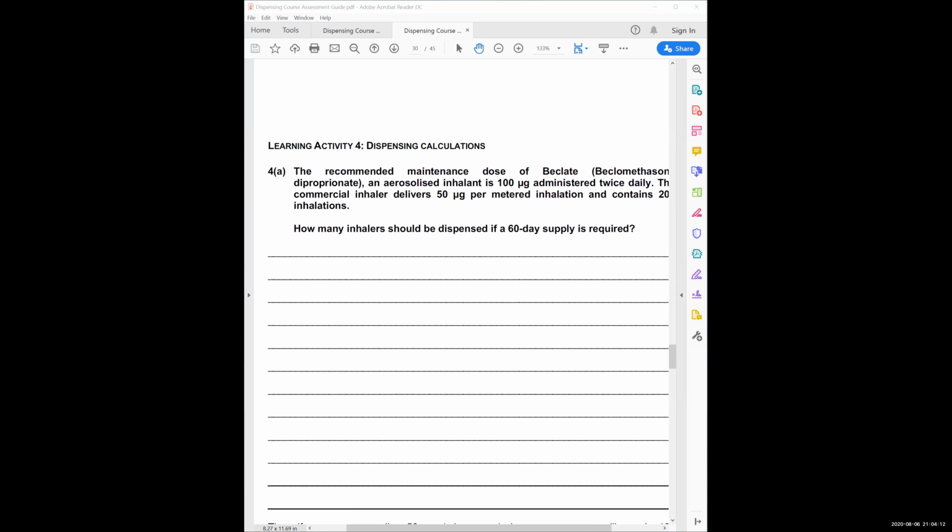Hey, yeah, all right. So coming back to this, learning activity number 4 says the recommended maintenance dose for Betlate.